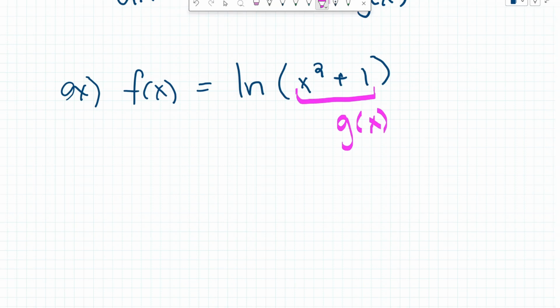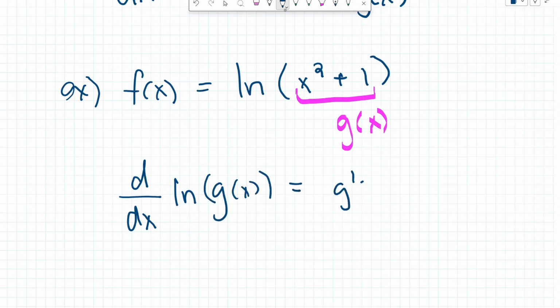Our g of x, or our inside function, is x squared plus 1. Now let's use the general form for the derivative. We have d over dx of ln of g of x equals g prime of x over g of x. We have that definition, and now we simply have to plug that in.